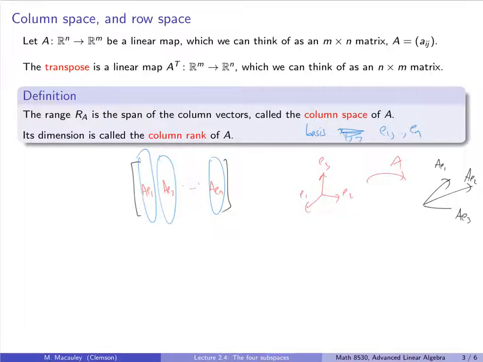I'll let you think about whether in your head this is a plane or whether this is R3. This is the range of A. So the subspace spanned by the columns, all linear combinations of the columns, is the range. We call that the column space, and the dimension of this is called the column rank of A.